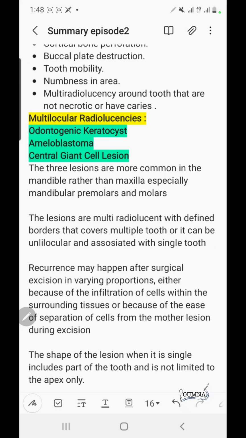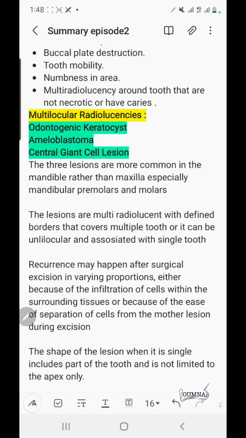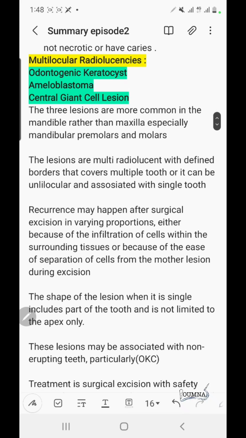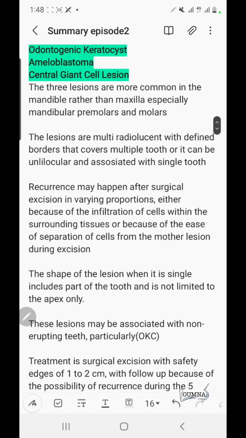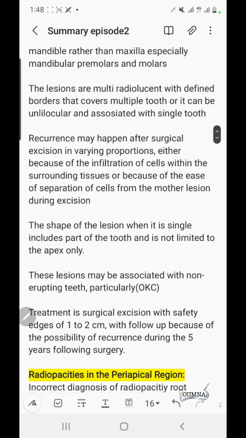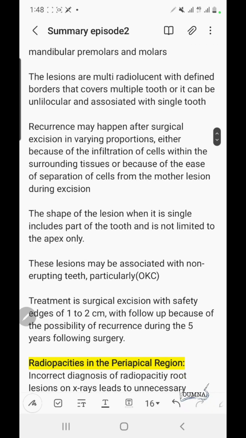Let's talk about multilocular radiolucency. The three most common are the odontogenic keratocyst, ameloblastoma, and central giant cell lesion. These three lesions are more common in the mandibular area rather than the maxilla, especially mandibular premolars and molars. The lesions are multi-radiolucent with defined borders that cover multiple teeth, or they can be unilocular and associated with a single tooth.